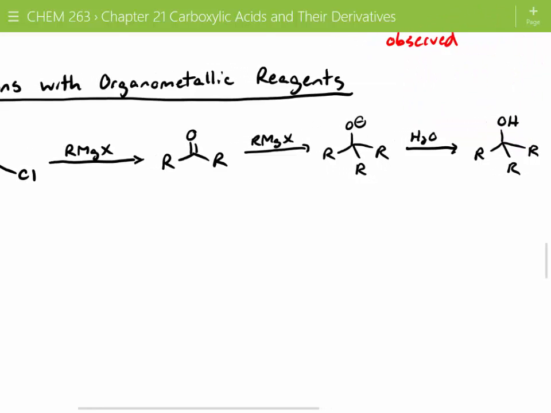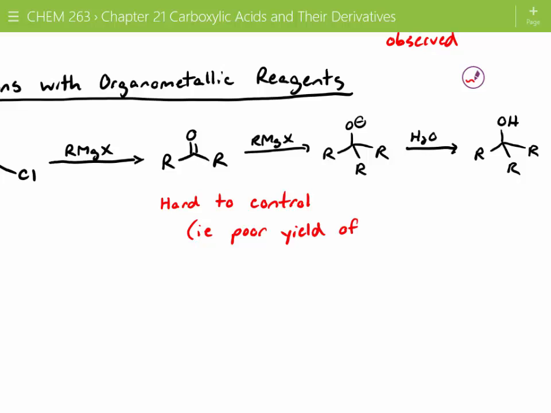So this is kind of a problem. It's hard to control. So if you do this, you'll get a poor yield of your ketone. So on paper it looks nice, but in practice the Grignard reagents are just too powerful. Kind of like with lithium aluminum hydride, it's just too powerful, it doesn't know when to stop.